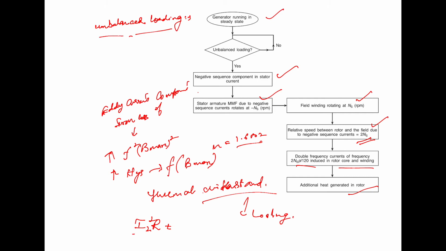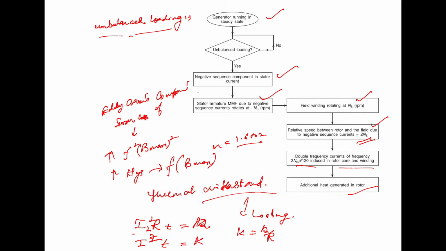Since the capacity of a particular machine to safely dissipate energy is limited to a certain value, we can write I2 square R t equals to K. Let us assume R to be constant, and let small k equal K by R. Now we get the thermal characteristics of the machine as I2 square t equals to k.